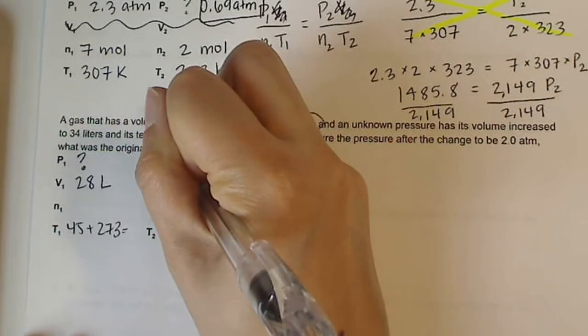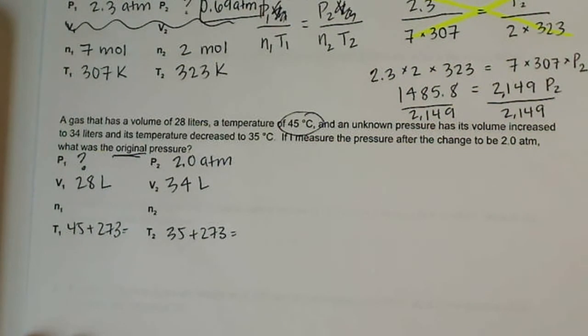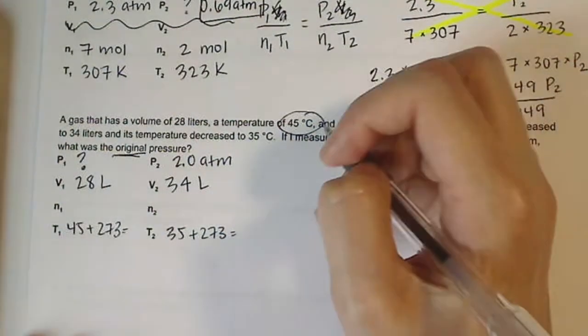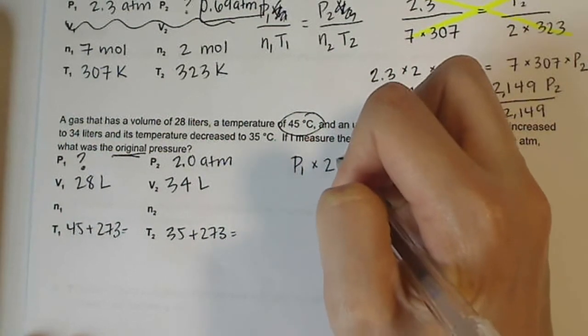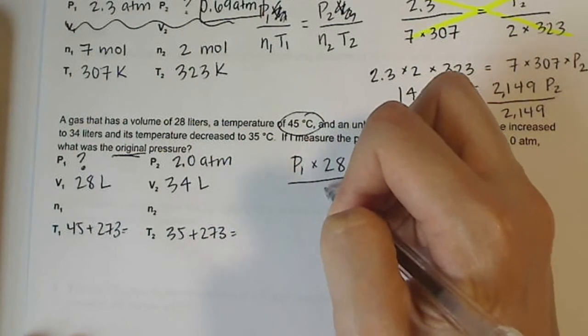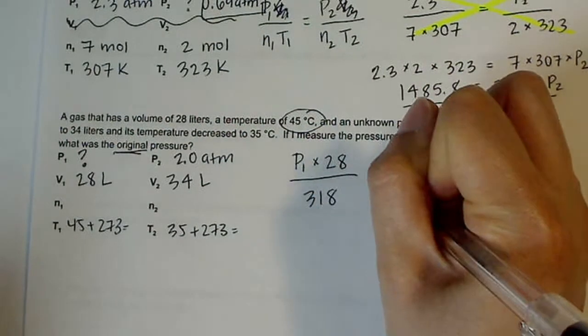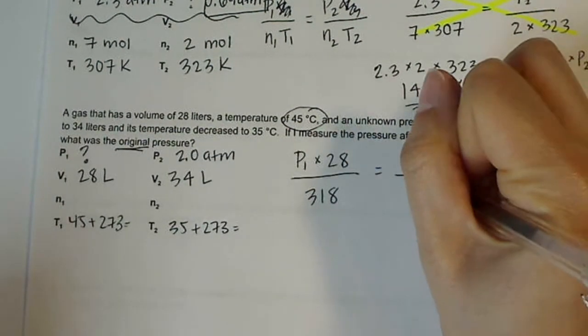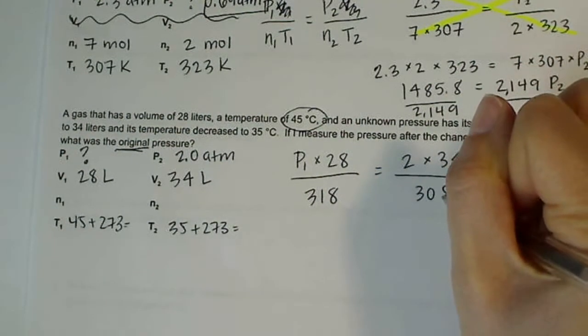So they specifically ask you what is the original pressure. The original pressure is P1, so you are solving for P1. You're going to plug everything in. P1 times V1 over T1 is equal to P2 is 2 times 34 over 308.